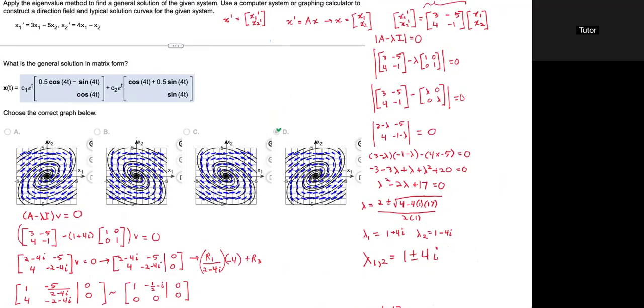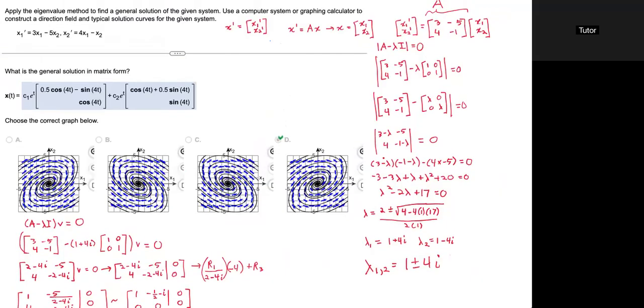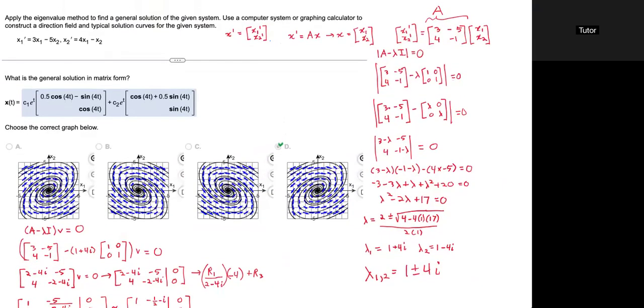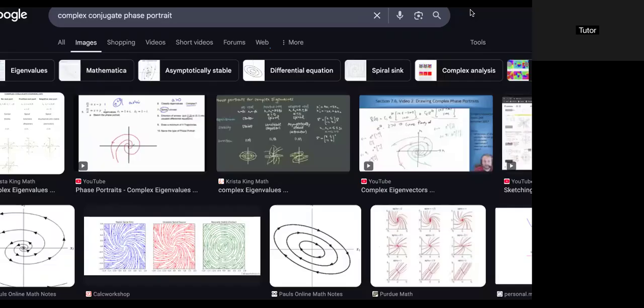And if we look at our rules for how to draw phase portraits, complex conjugates give us a spiral, as seen over here.